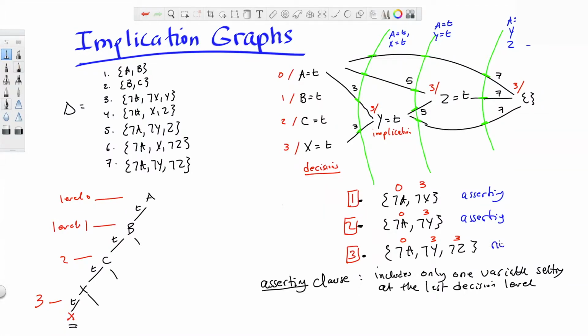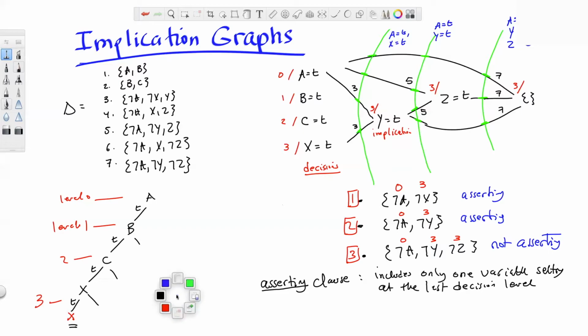And this one is not asserting. So now we will insist on using asserting clauses when we learn clauses, and you'll see in just a little bit why. Now we have the notion of asserting, and we can distinguish between these clauses, and later we're going to distinguish even more.